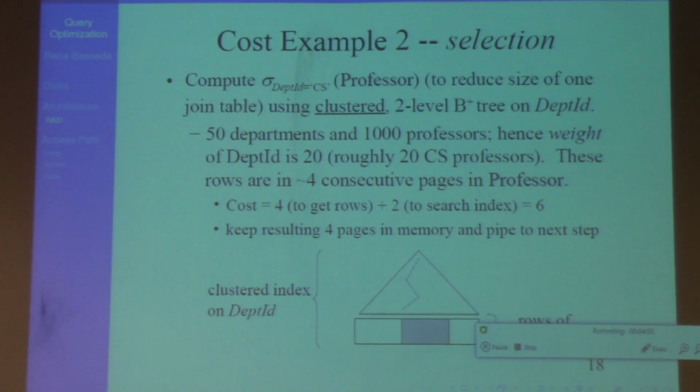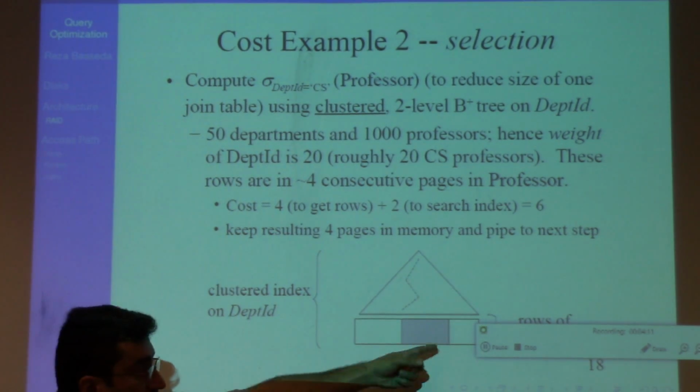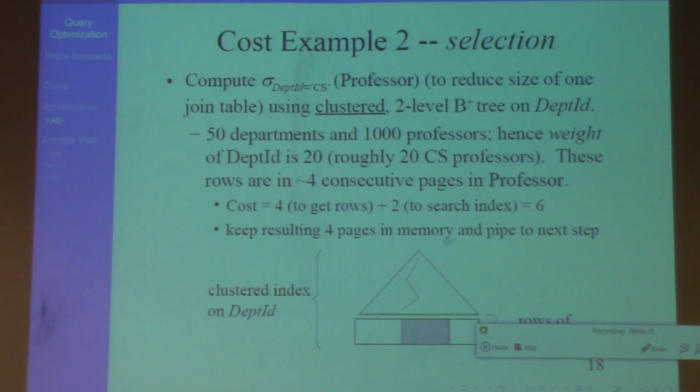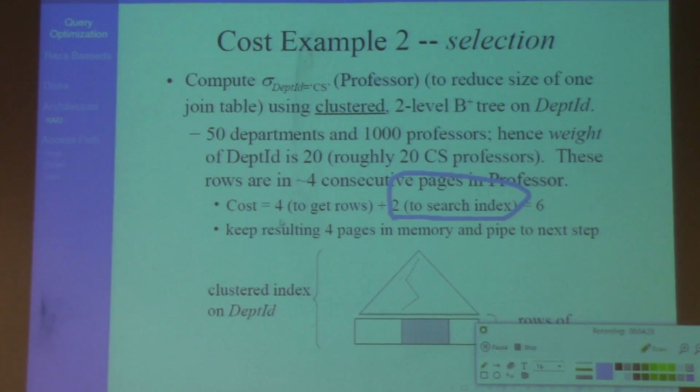So what we are doing is finding the first professor in the CS department. Then, as I told, we will go through the file. We need just 2 page transfers for searching the index. We have to load the index in the file, right? And 4 page transfers to get the rows.